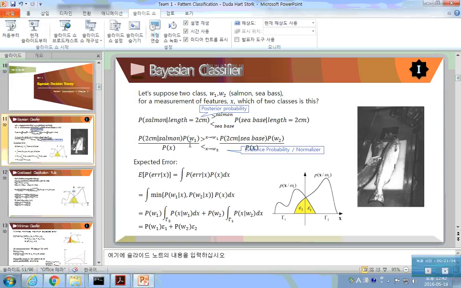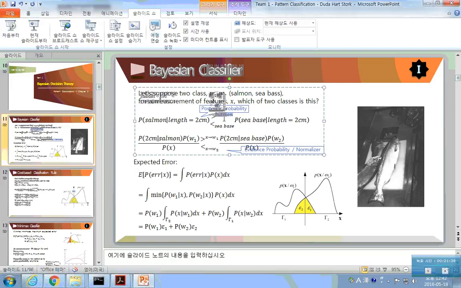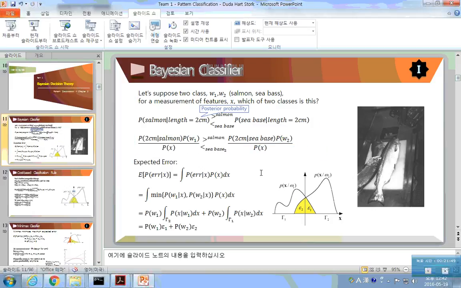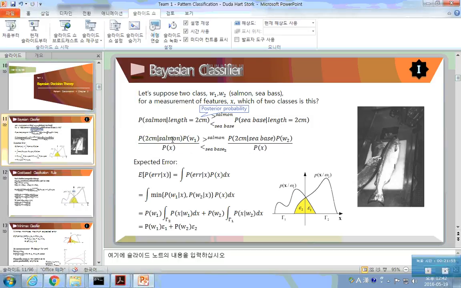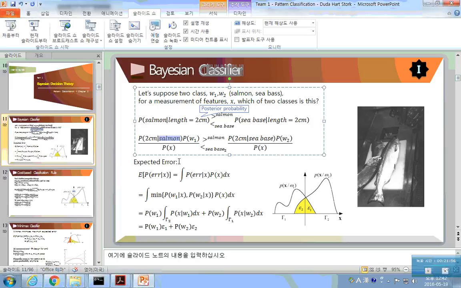So if this probability term is larger, this becomes the salmon. Otherwise, it's a sea bass. Okay, so this is quite easy to measure. How can I measure this one? This basically says what is the probability, given this is a salmon, that I get 2 centimeters.